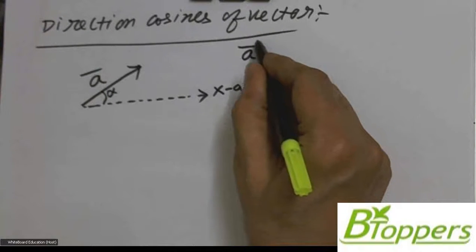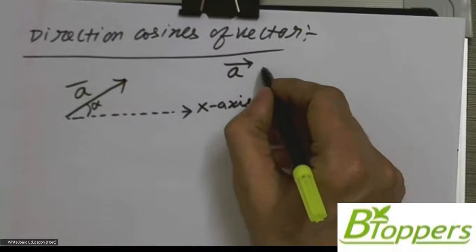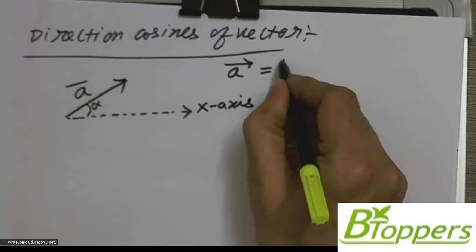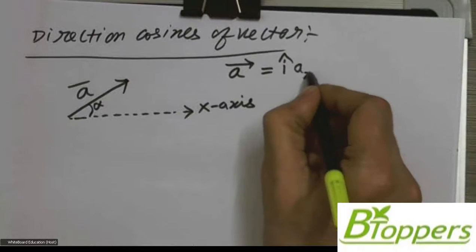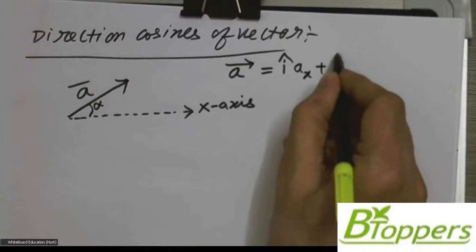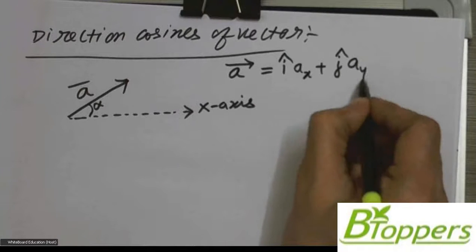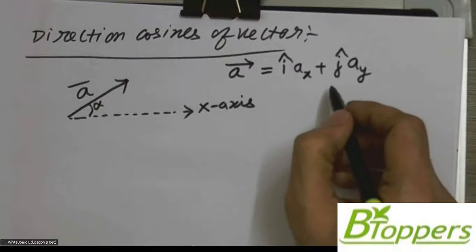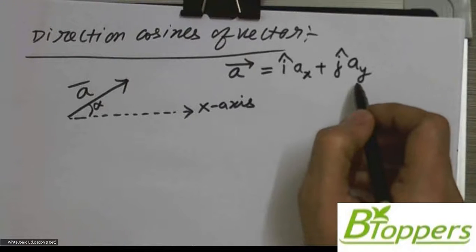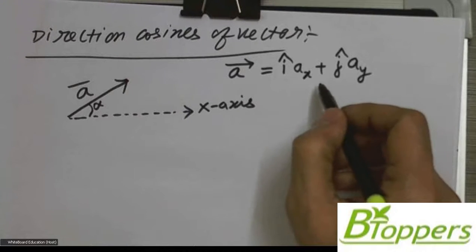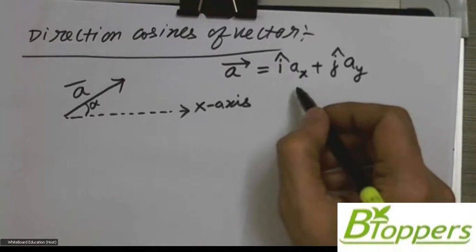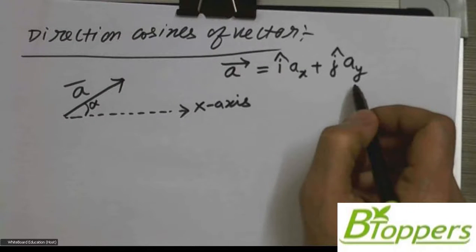As I discussed earlier, if the vector A bar lies in the xy plane, then we can write A bar in the form I cap into AX plus J cap into AY. AX and AY are the rectangular components of the vector A bar along x and y axis.